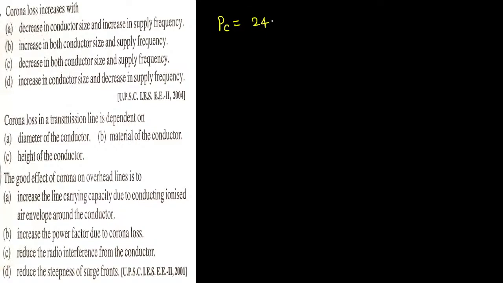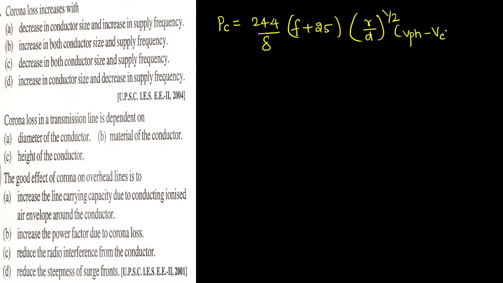The formula is 244 upon delta into (f plus 25) into square root of r by d, where the square root means whole power 1 by 2, into (per phase voltage of the transmission line minus critical disruptive voltage), that is also per phase only, whole power 2 into 10 power minus 5. The unit is kilovolt per kilometer per phase. Don't forget. So this is the formula to calculate the corona loss of the transmission line.